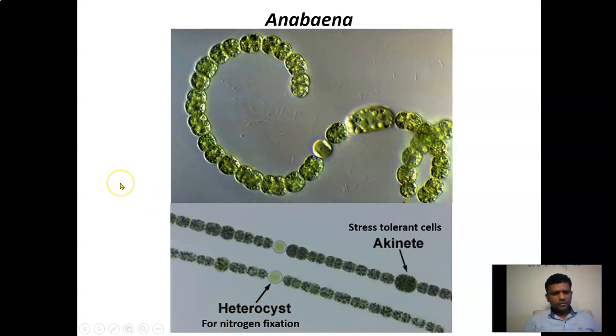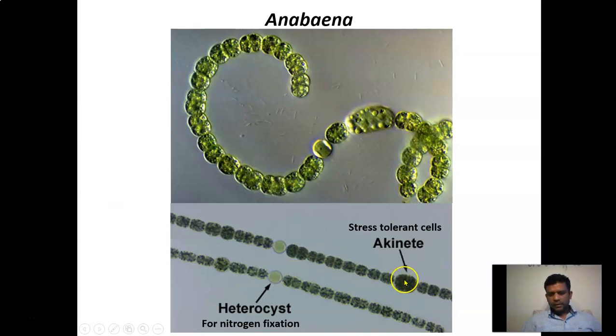Nitrogen is the most abundant element in the air, but it's really hard to use by living organisms. But Anabaena, in those special cells, has special enzymes that can actually use the nitrogen and convert it into a usable form, which most other species on Earth cannot do.